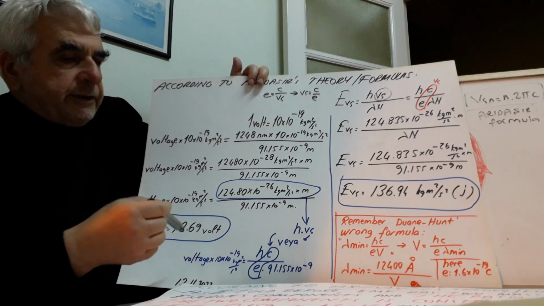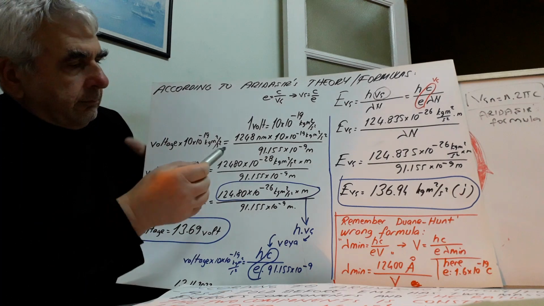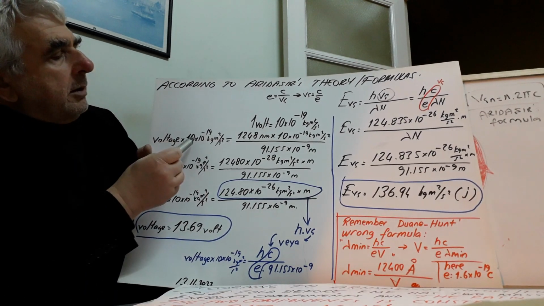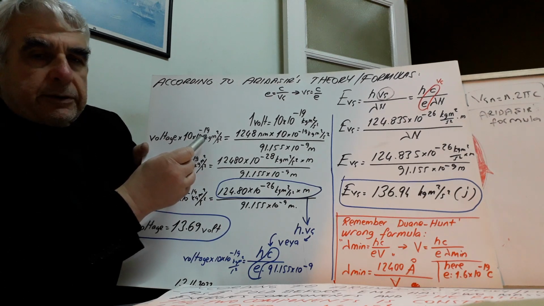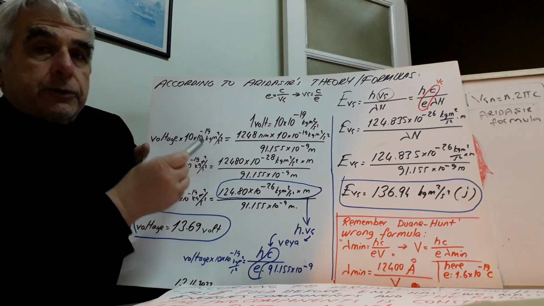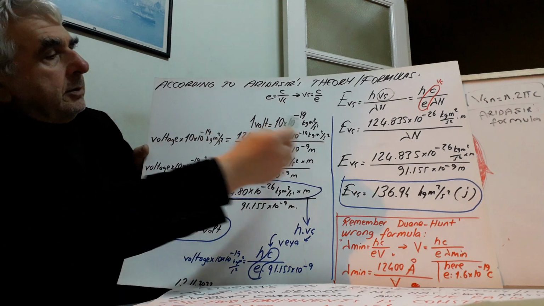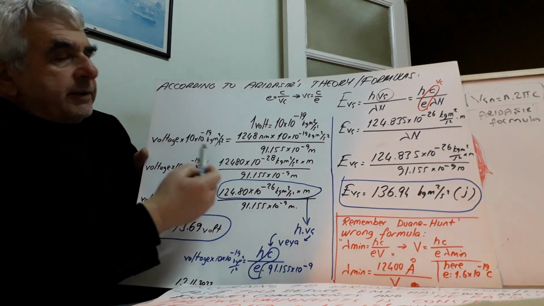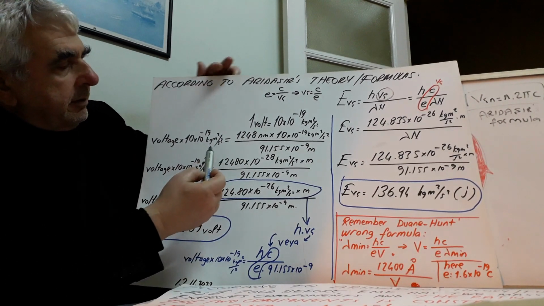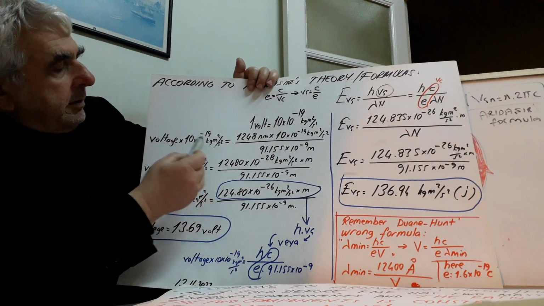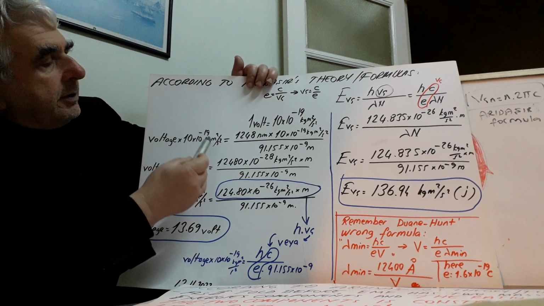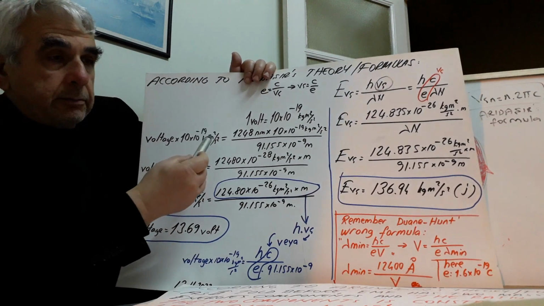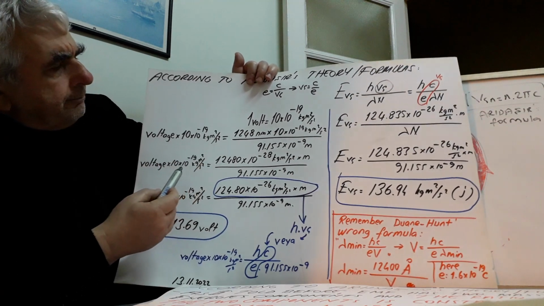If 1 volt is equal to 10 multiplied by 10 to the minus 19 kilogram meter square divided by second square, or joule, I put two sides of this equation, my equation, 10 multiplied by 10 to the minus 19 kilogram meter square per second square.